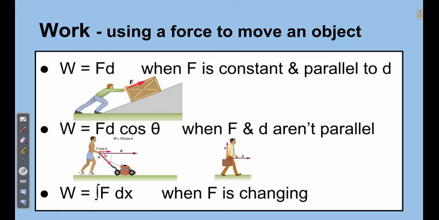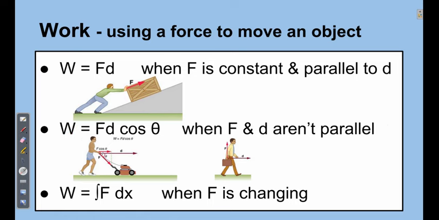What I really want to do is get the component of the force that's in the direction of the displacement. Since my angle is right there, theta, if I multiply F by the cosine of theta, that gives me the component of the force in the direction of the displacement, and by multiplying those two, I would have the amount of work.